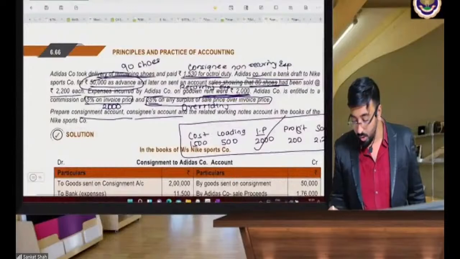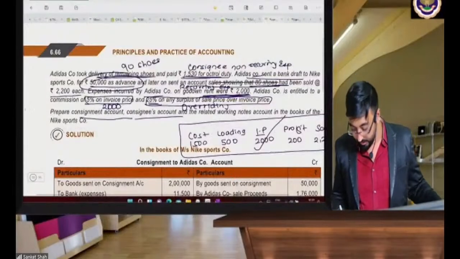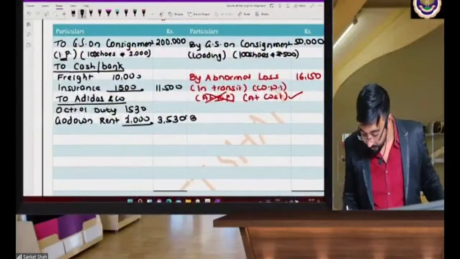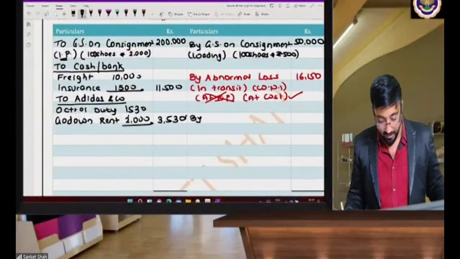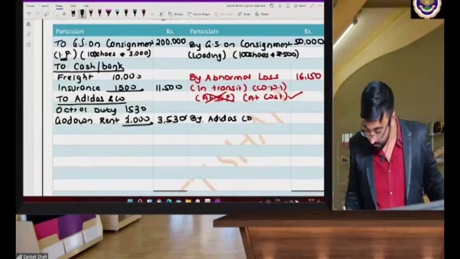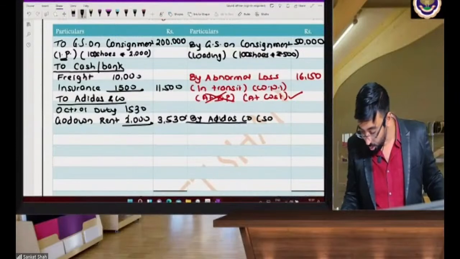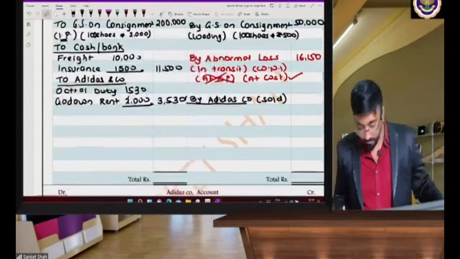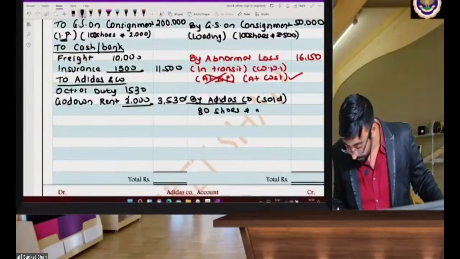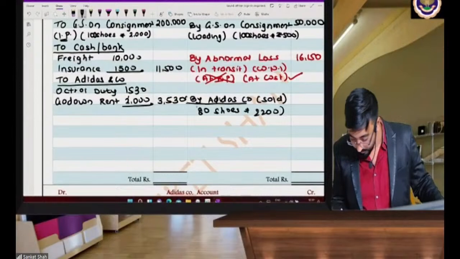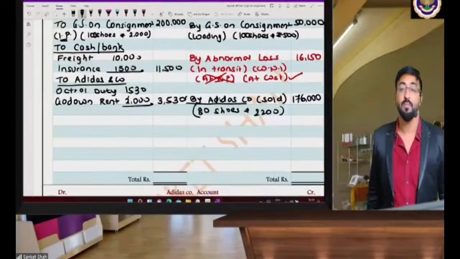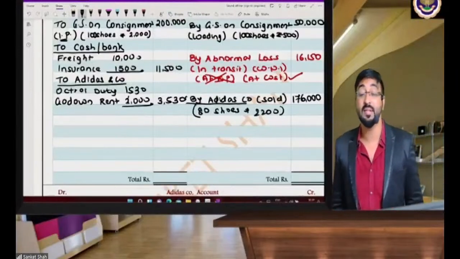Goods sold by him. So what is the entry? Consignment account credit side, it's income. So by Adidas and company sold 80 shoes at rupees 2,200. Answer is 1,76,000 sales.